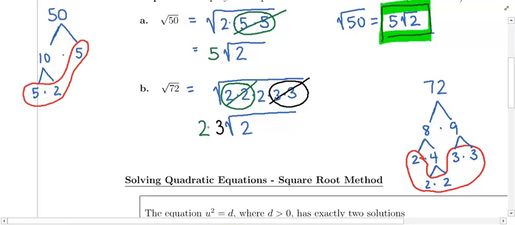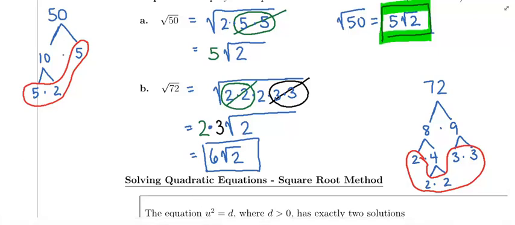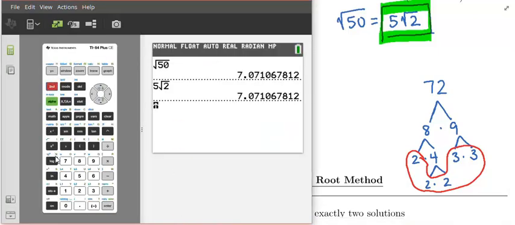Outside of the square root, we have 2 and 3. They get multiplied together. So the square root of 72 is going to be the same thing as 6 times the square root of 2. And we are done. Again, you can confirm this on the calculator. If you go and punch in the square root of 72, here's the decimal expansion you get.